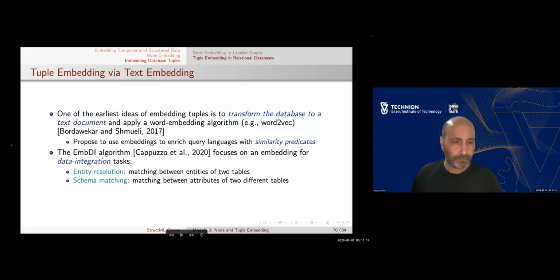And schema matching, when you have basically two databases with their two schemas, and you want to match between the attributes. This attribute of one should be matched or mapped to that attribute of the other.